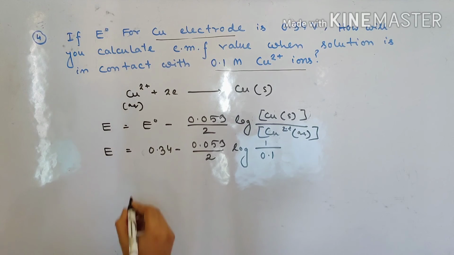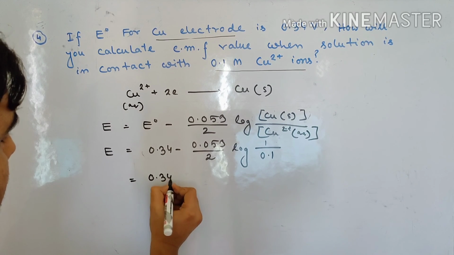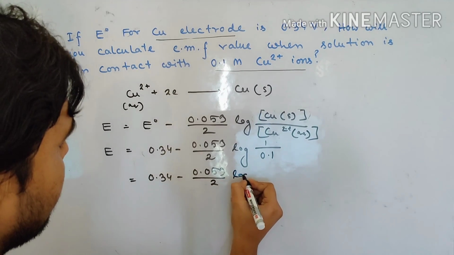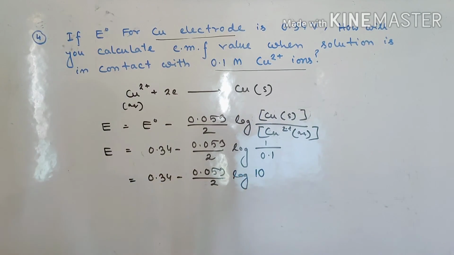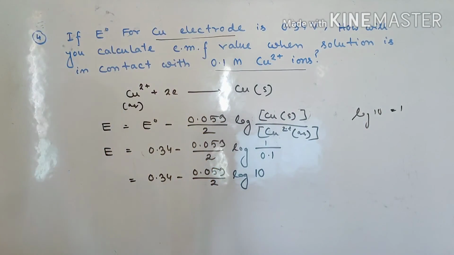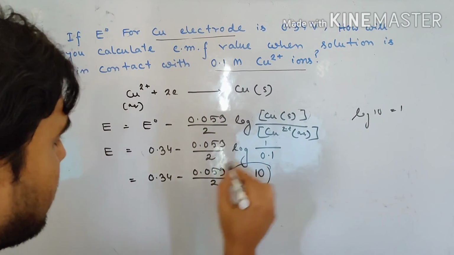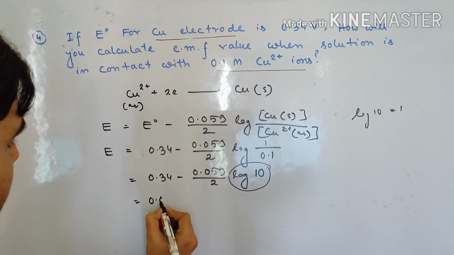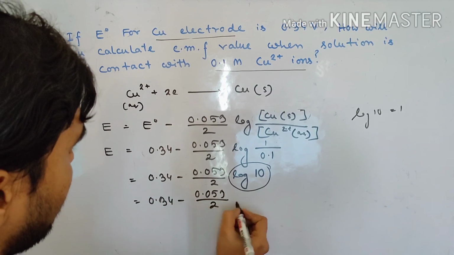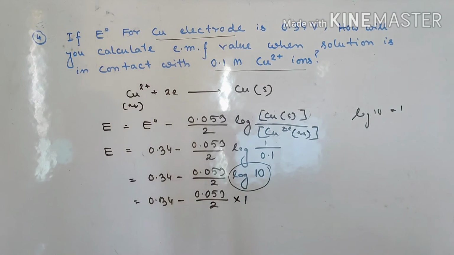1 by 0.1, interestingly, is log 10, and we know that log 10 is equal to 1. So this part becomes 1. So it becomes 0.34 minus 0.059 by 2 into 1.